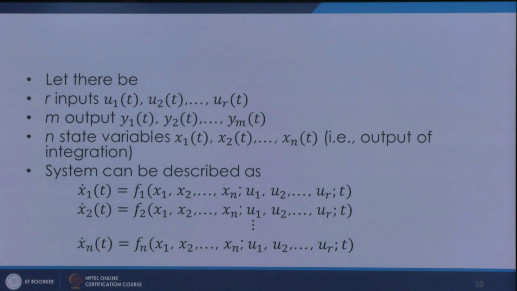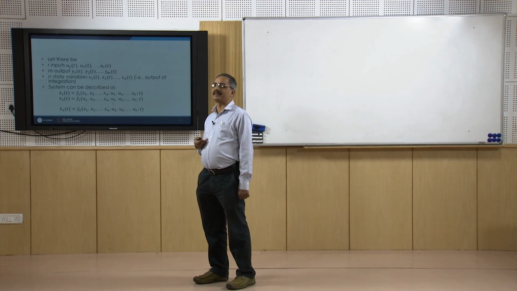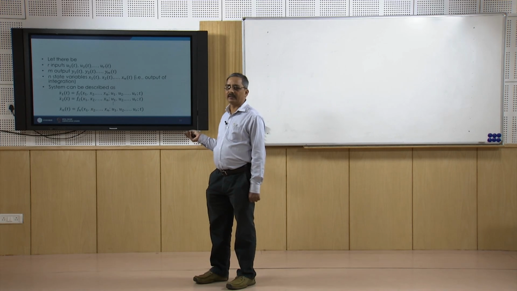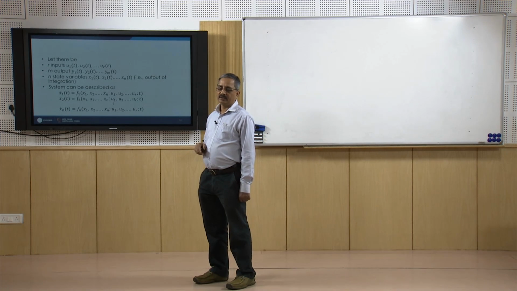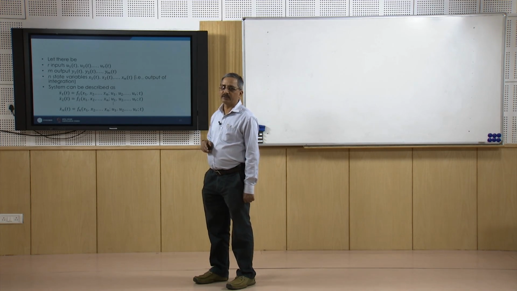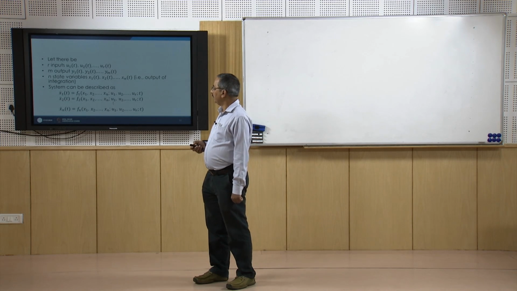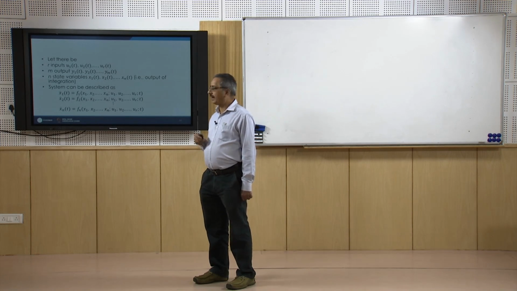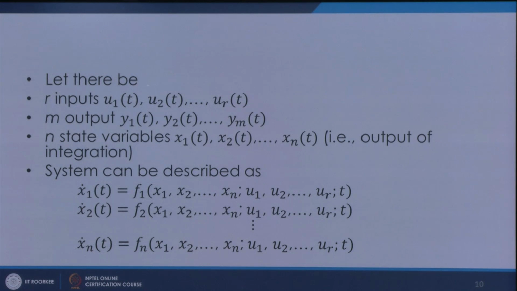So, the concept of selecting a state variable is the same, whether it is bond graph modeling or the general way of modeling we are talking about. It is the output of integration which is the state variable.